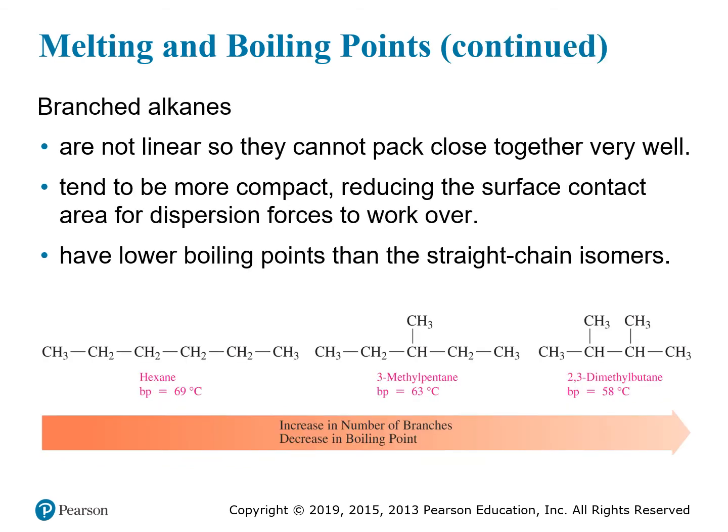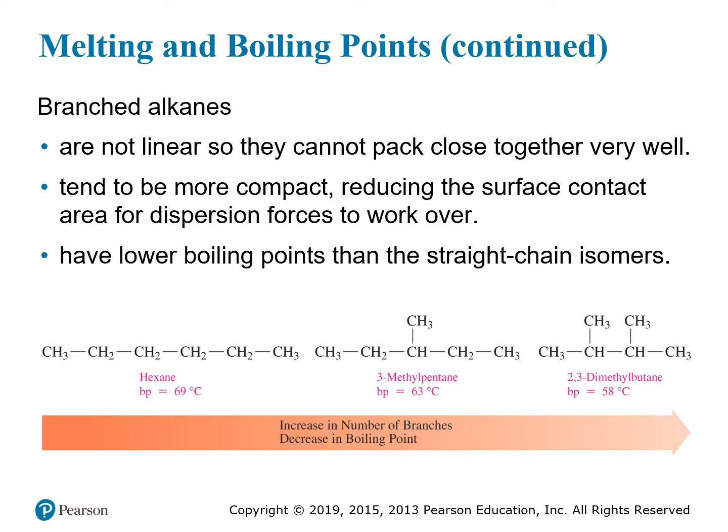But in addition to extending a carbon chain, we can also reshape a carbon chain by forming an isomer. So if we look at how branched alkanes are different from straight chain alkanes, what we find is that the branched alkanes tend to be more compact than a straight chain alkane with the same number of carbons.